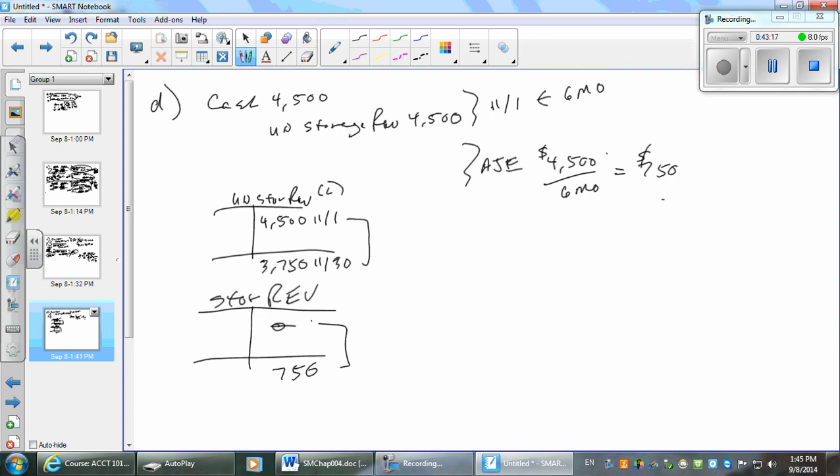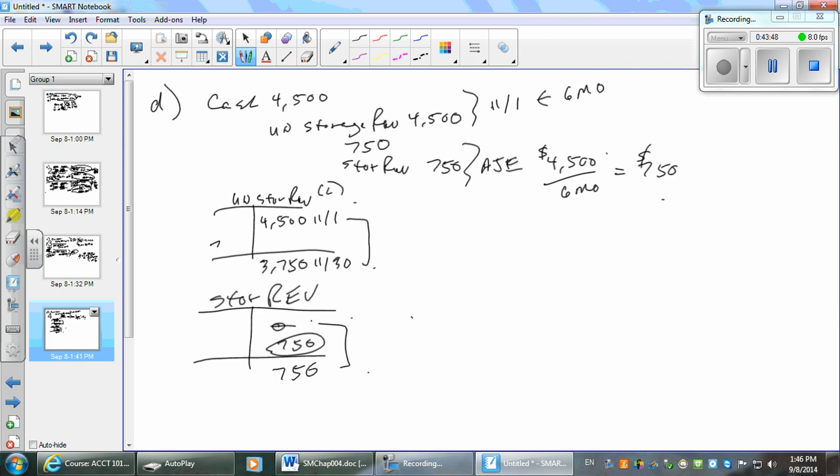How would you adjust storage revenue from 0 up to 750? Credit it for 750. See, the adjustments are easy, aren't they? It's knowing what the balance is supposed to be that's hard. Okay? Figuring out where you're at and where you want to be. That's the hard part. So I think my adjusting journal entry is going to be credit storage revenue for 750 and debit what for 750, everybody?